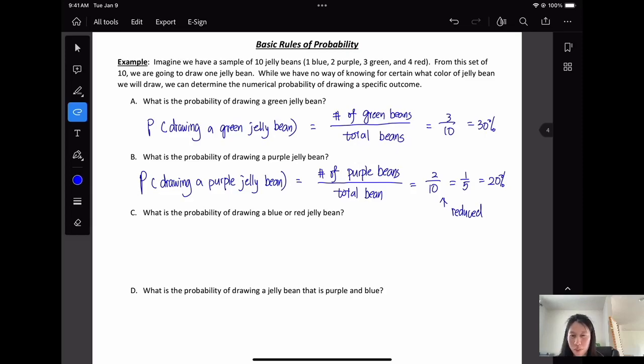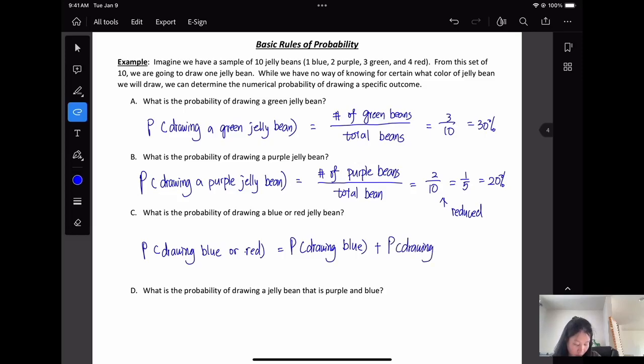C, what is the probability of drawing a blue or a red bean? So the probability of drawing a blue or a red bean is equal to the probability of drawing a blue bean plus the probability of drawing a red bean.